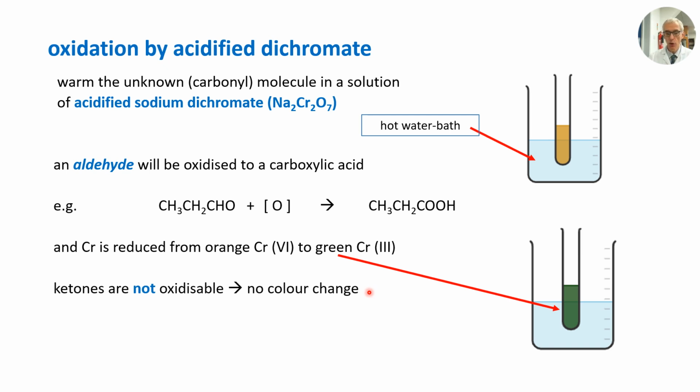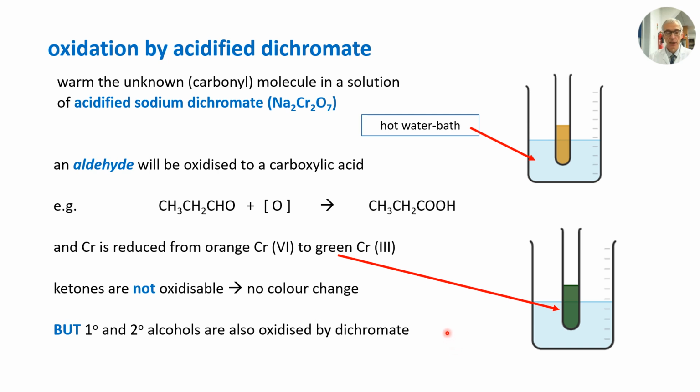So if your carbonyl, which has shown an orange precipitate with 2,4-DNPH, changes orange dichromate to green, we know that it is an aldehyde. If there is no reaction, then we know that it is a ketone.